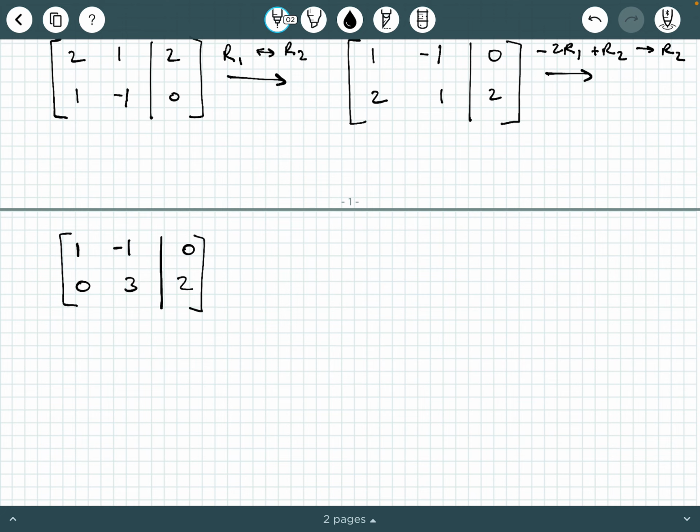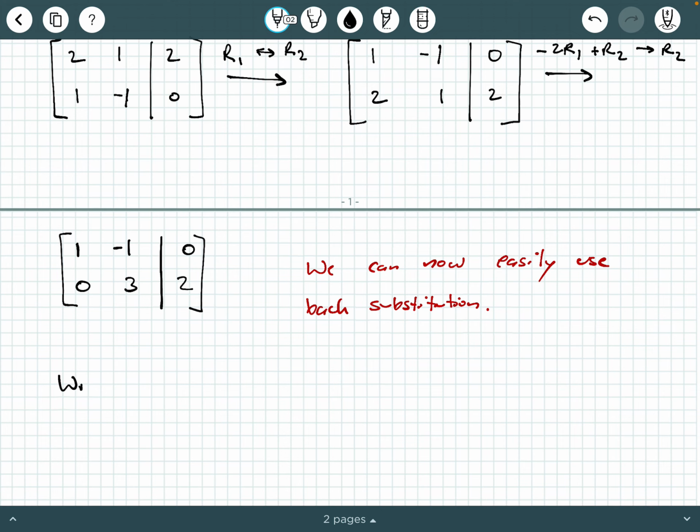So what can I do now? Well, you could stop here. I'm going to put a note here: we can now easily use back substitution. So what am I going to do? Watch this.